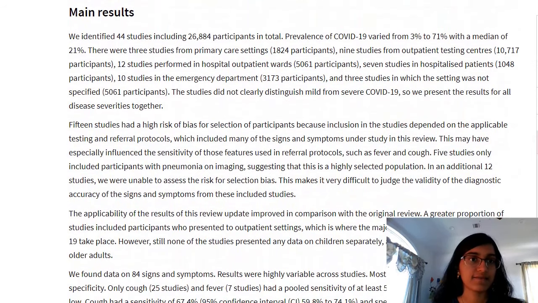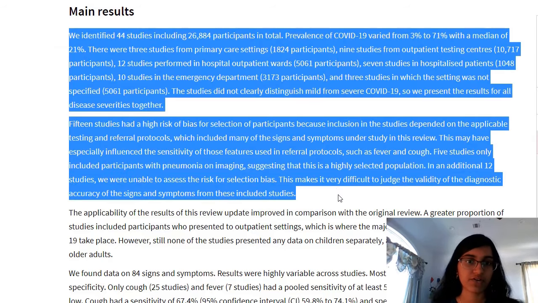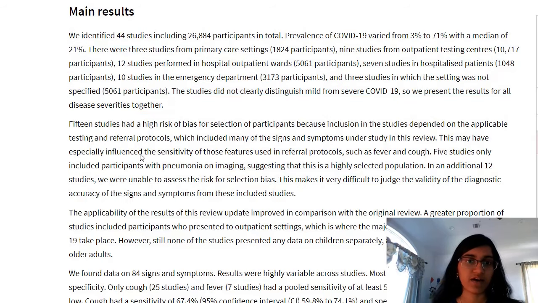And then they explain their results here. In the first two paragraphs, they define some potential problems in the study, for example, they say high risk of bias here. Basically, they're just saying, take this study with a grain of salt, as you would with any research paper.